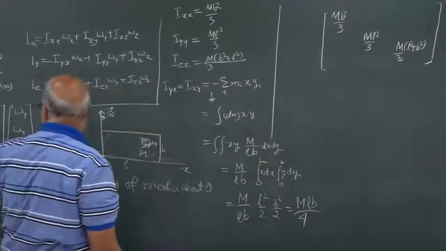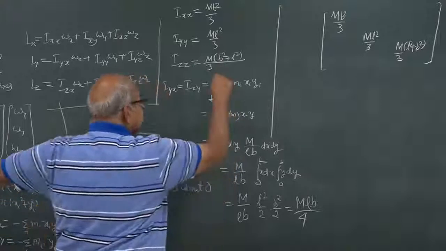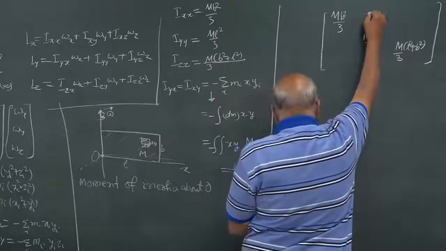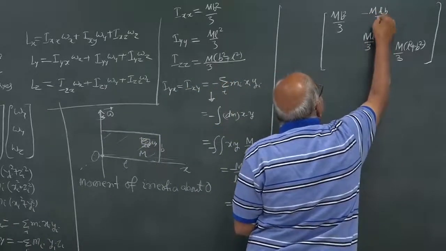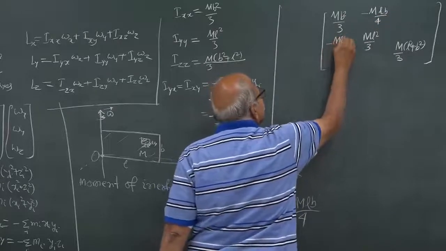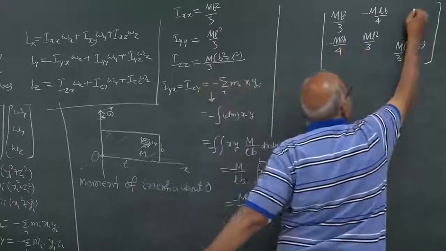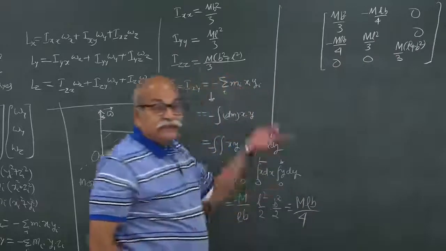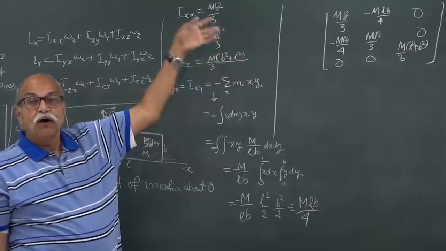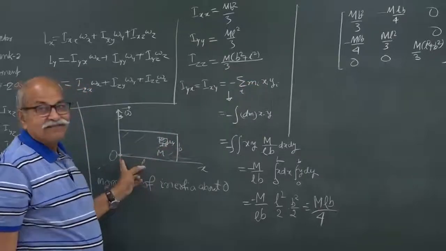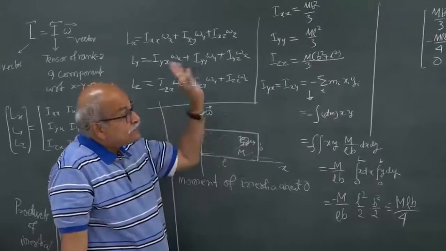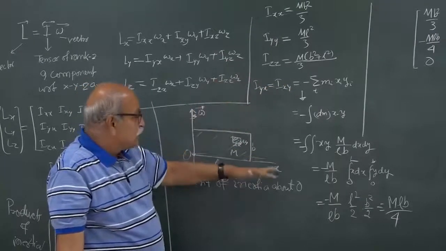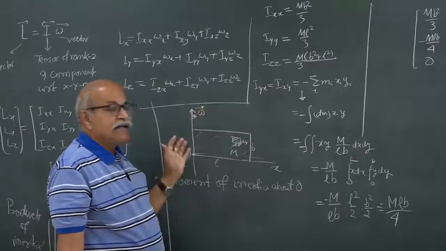Then I xy is negative, so minus m L b by 4, minus m L b by 4, and all others are 0. This is the moment of inertia of this plate about this origin. These are the components of moment of inertia with respect to these directions x, y, and z.